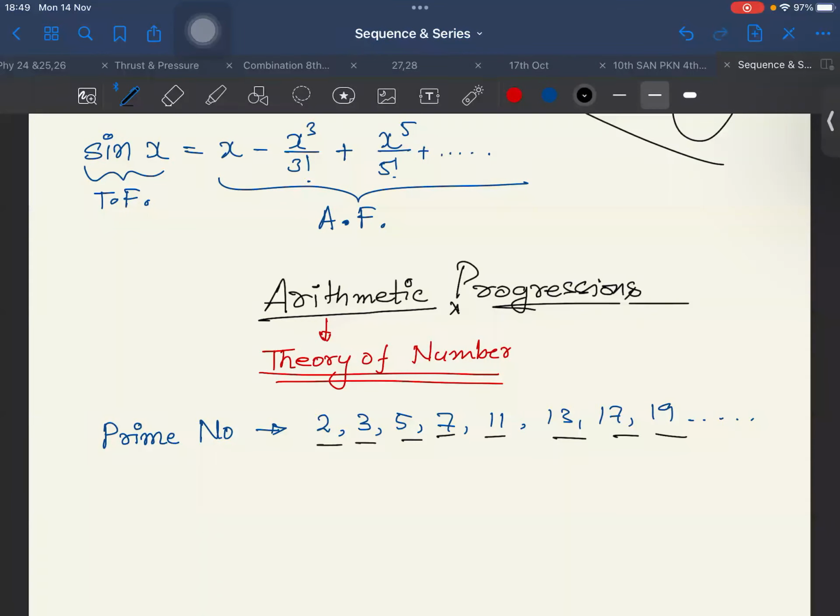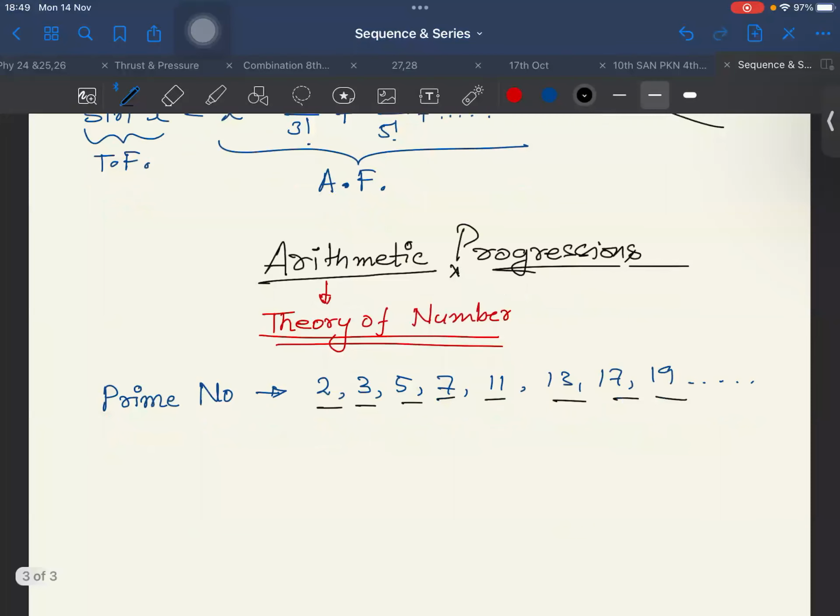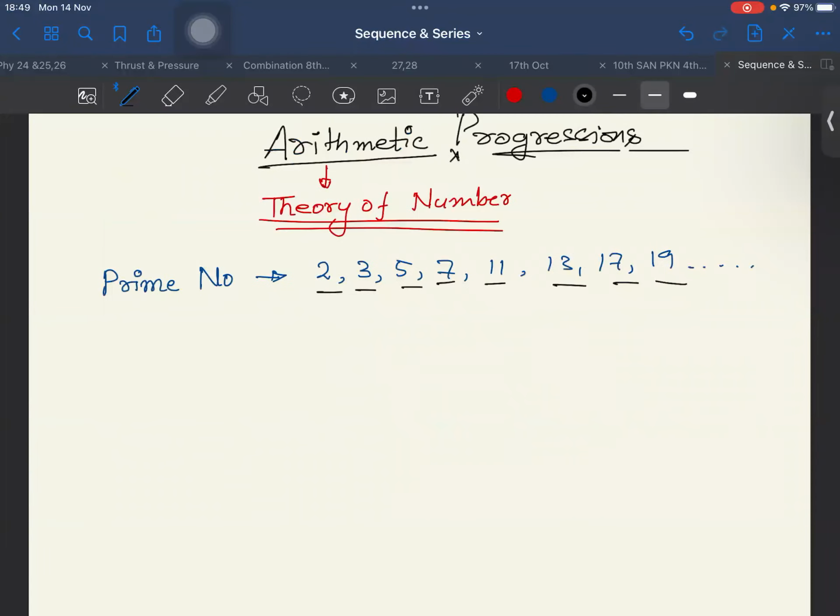See, in arithmetic progression, I'll write a series. You tell me what common thing you can find here in the series. 2, 4, 6, 8, 10. It's a very simple series. What do you find common in this? 2 is common, sir.